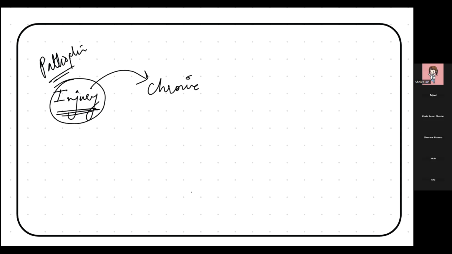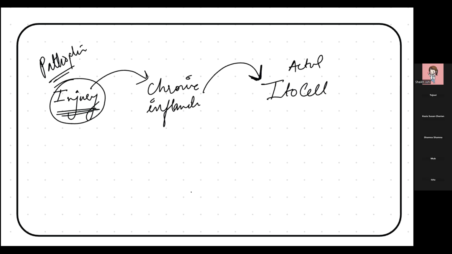There will be chronic inflammation, and after this chronic inflammation, who came? Who said don't do that? It was the Ito cell. The Ito cell will get activated, and now this time it is not going to do its normal function, but it will start producing collagen.